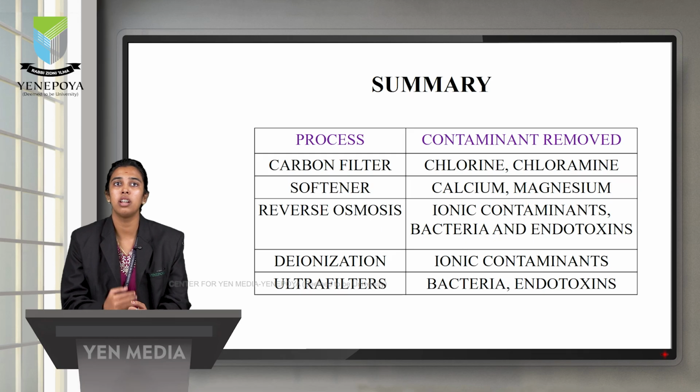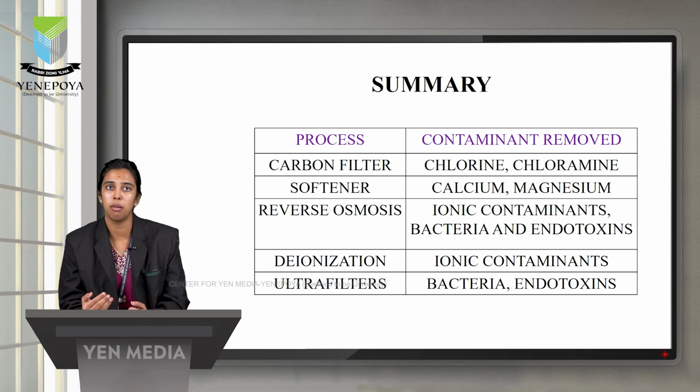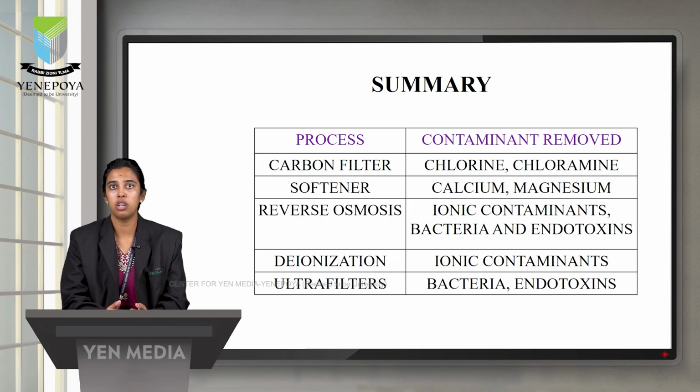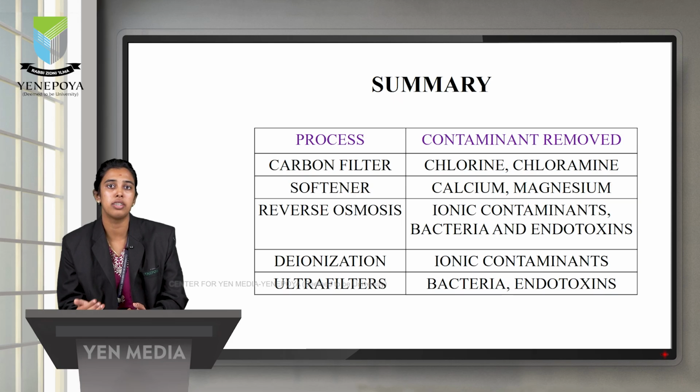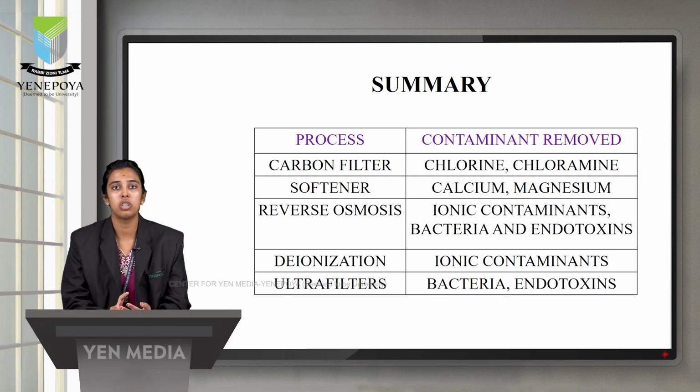For each process, we saw which contaminants are removed. From the groundwater it first passes to the softener. The softener removes calcium and magnesium, replaced by sodium ions from the brine tank. Next, the water passes to the carbon filter, where it removes chlorine and chloramine.